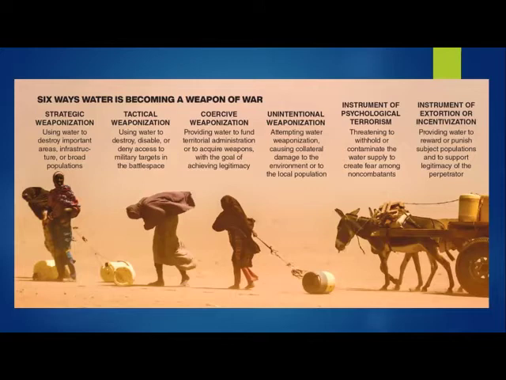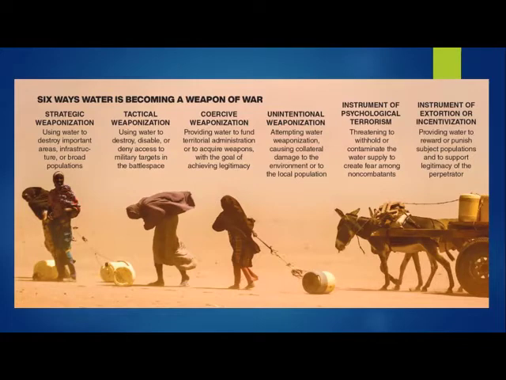So water is used to control populations and destroy areas. It can be used as a tactical weapon to destroy or disable military targets. It can be used as a coercive weapon to fund territorial administration or acquire weapons, and so on and so forth.